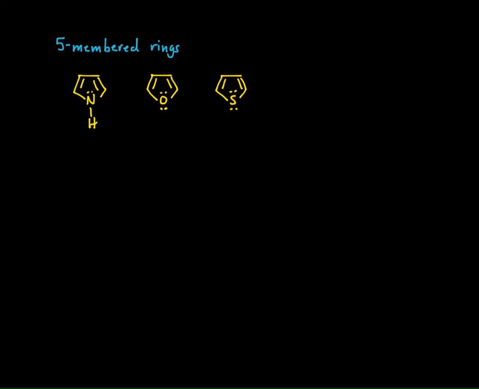The 5-membered ring with the nitrogen is called pyrrole. The 5-membered ring with oxygen is called furan, and the one with sulfur is called thiophene. So pyrrole, furan, and thiophene. These are common 5-membered ring heteroaromatic compounds.